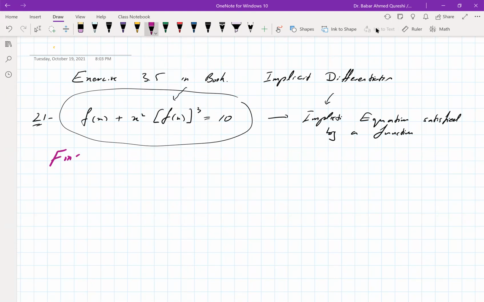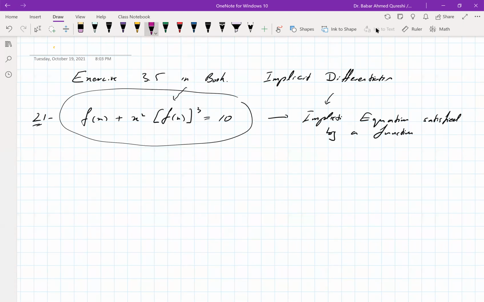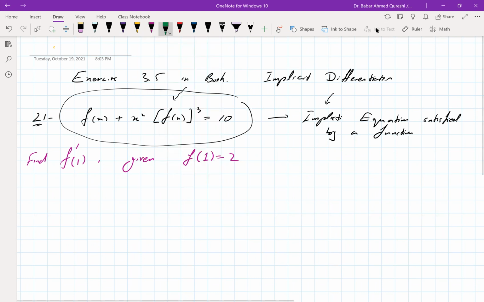You have to find f derivative at x equal to 1, given that the value of f at 1 is 2. So all you need to do is start differentiating the equation.